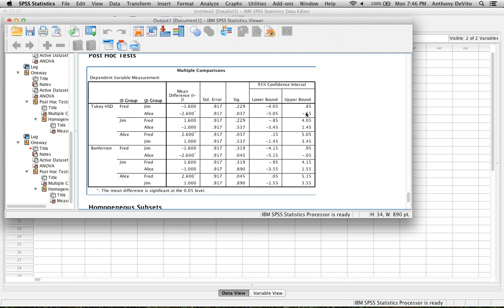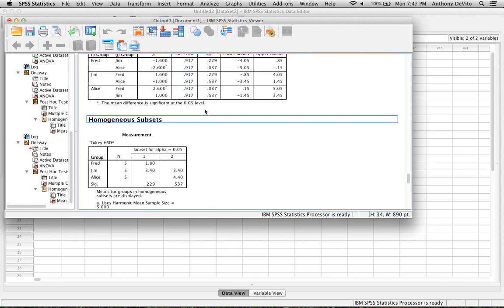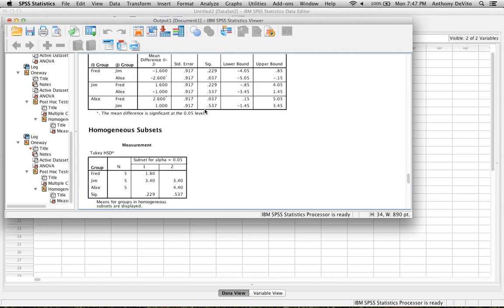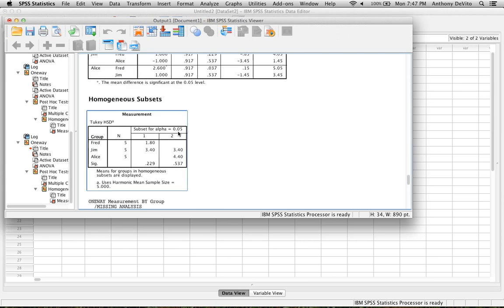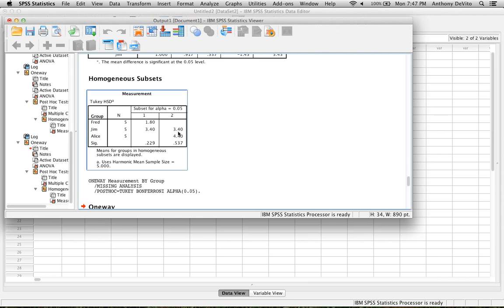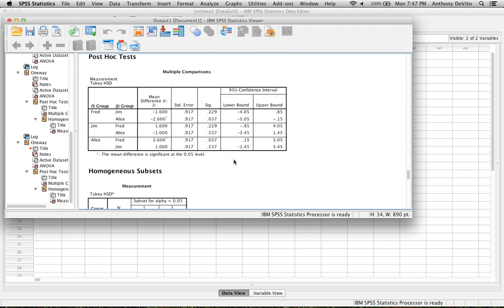Okay, you might have also seen that it says the mean difference is significant. And I think it said something in one of these about assuming that the variance in each of the three groups is different. That's heteroscedasticity. The math is based on different variability in each of the three groups.